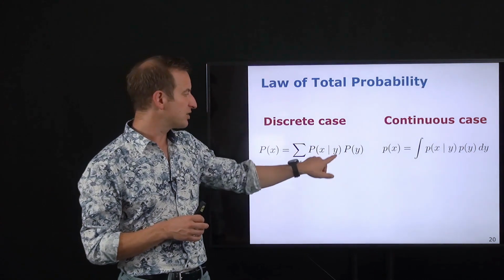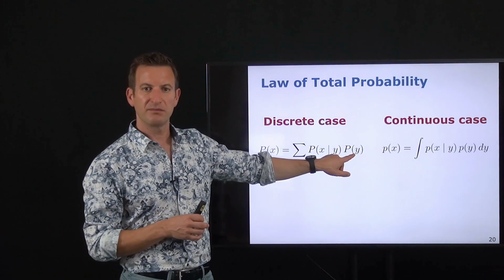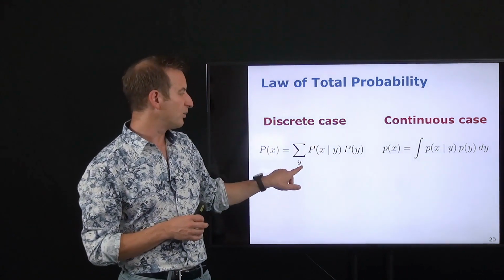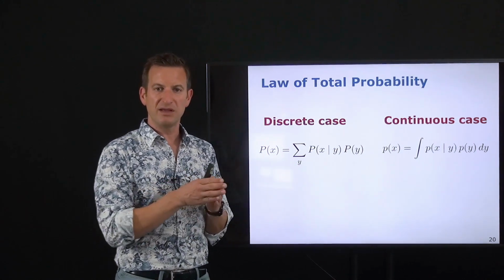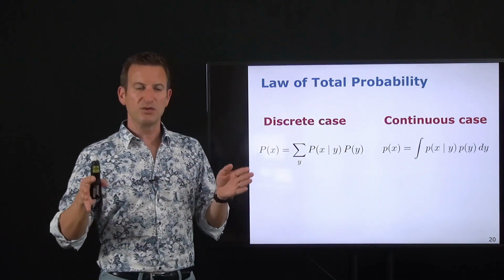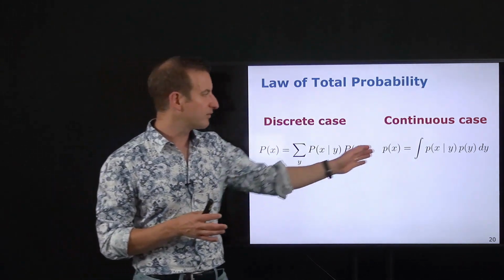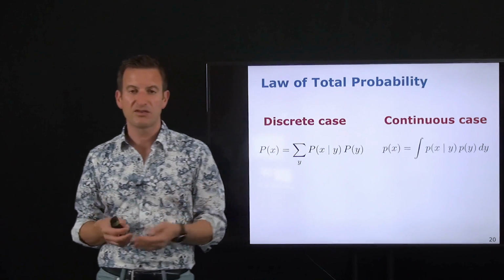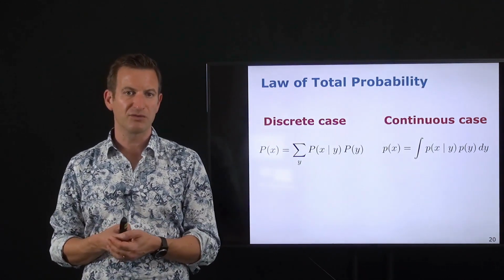So we have the conditional probability times the probability that y actually takes the value 1. Then we do the same for y equals 2 and y equals 3, and we sum up all those values. That basically means we sum over all values and only x remains. The same holds for the continuous case, except that the sum is replaced by an integral, and I'm integrating over all outcomes of y.